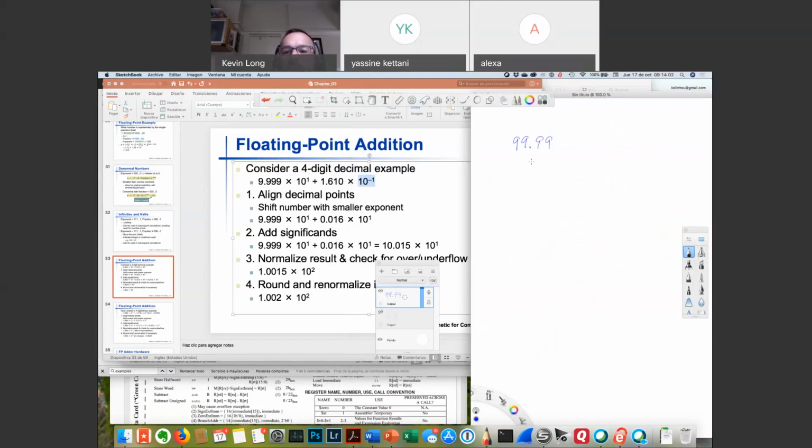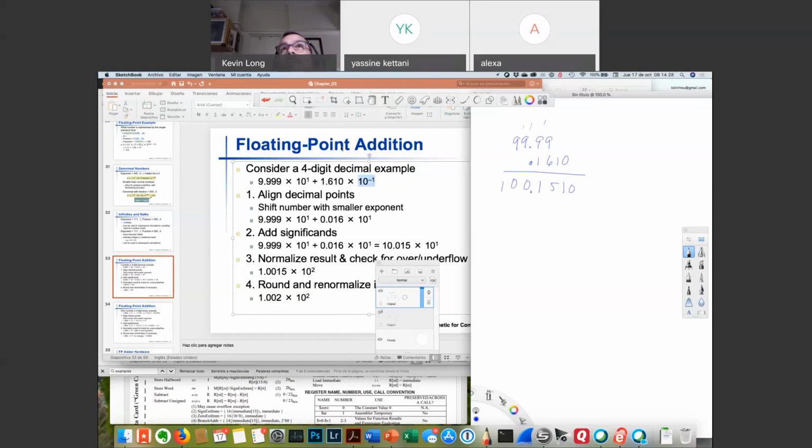And the other one is 0.1610. Sorry about the giant decimal point. I've aligned these things to add them together. So I'll do this, 100.1510.